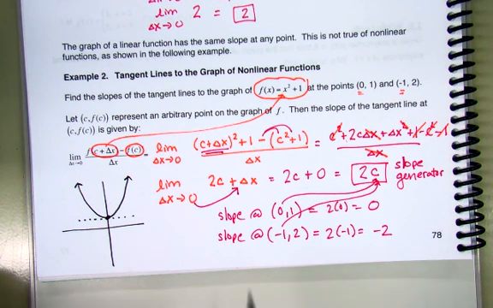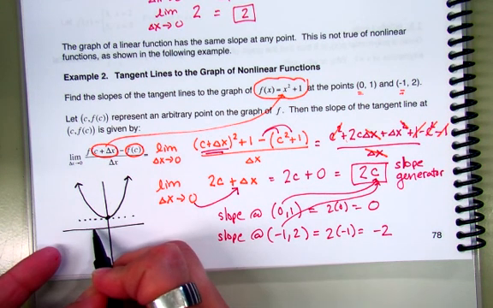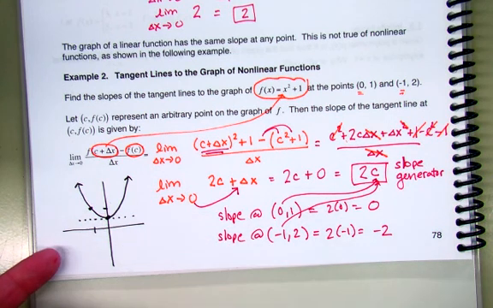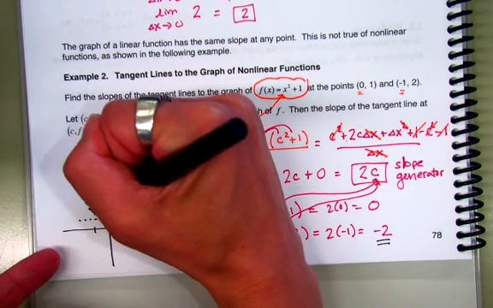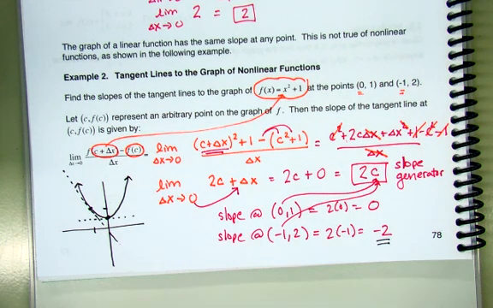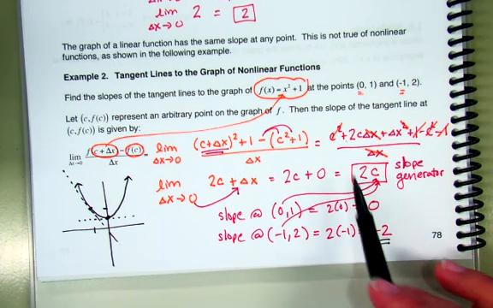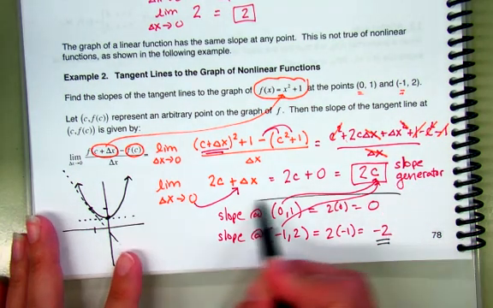How about this one, at (negative 1, 2), wherever that is? Does it make sense that that slope would be negative 2? Yeah, look at that slope right there. Looks pretty good. So you can always do a quick sketch of the graph and double check, does it make sense, the slopes that I got? And using that slope generator, you can get it anywhere you want.